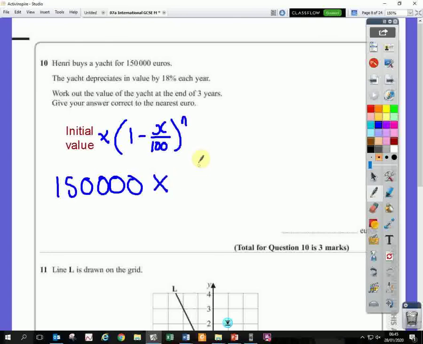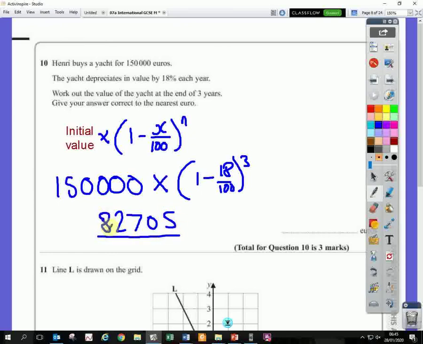We multiply this by brackets 1 minus 18 over 100 to the power of 3. Type this into the calculator and we end up with 82,705.2, but because it says to the nearest euro, it's 82,705.